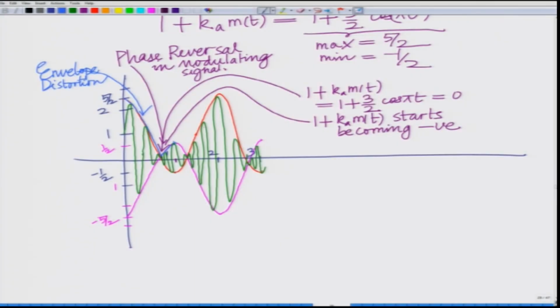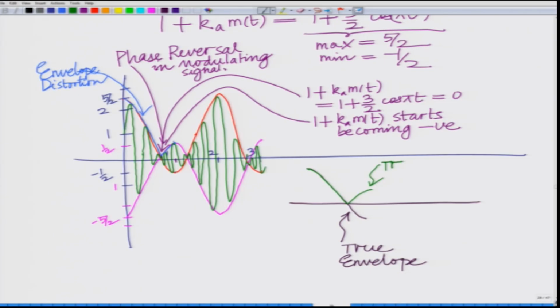So, eventually this was the true envelope. To draw this again over here, this is your true envelope, but what you end up tracking is something that is like this.